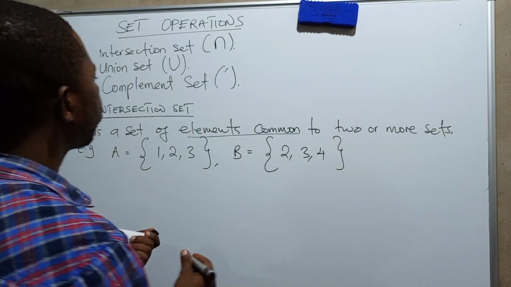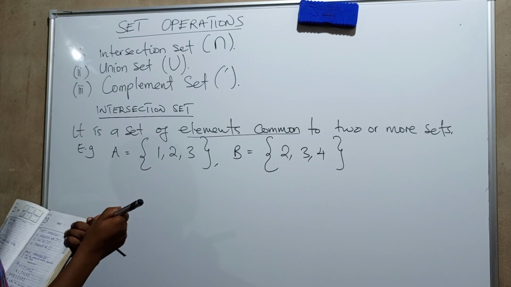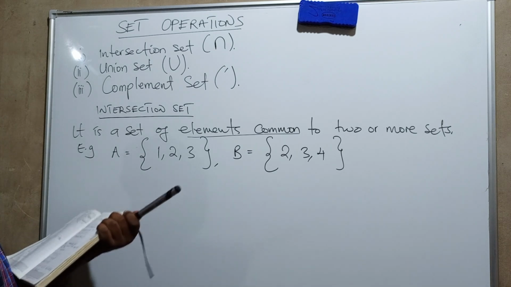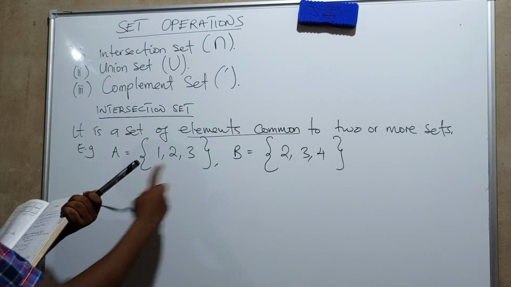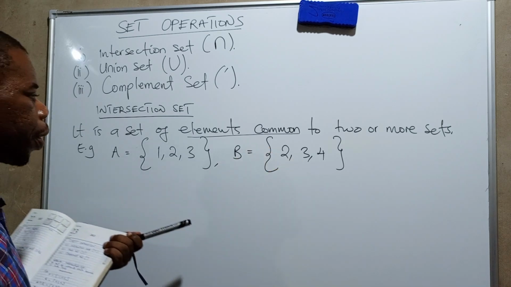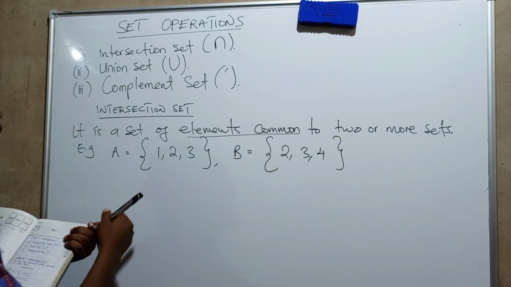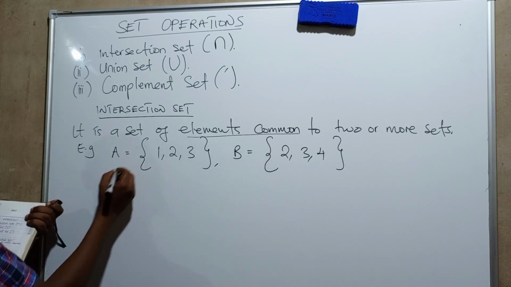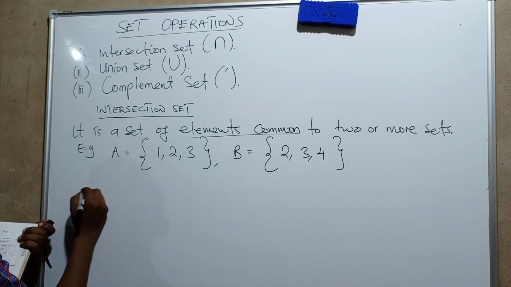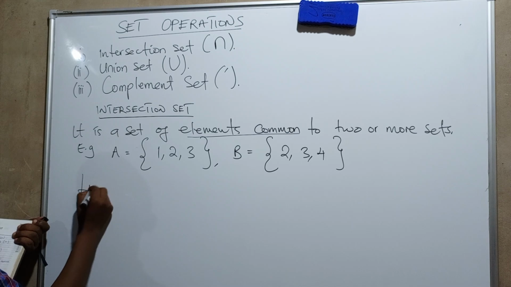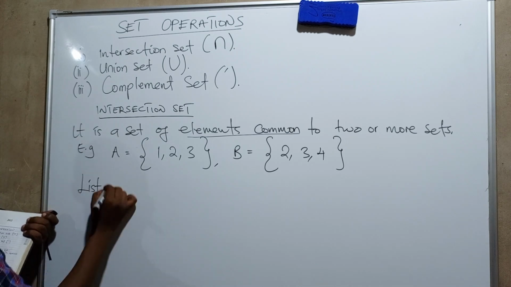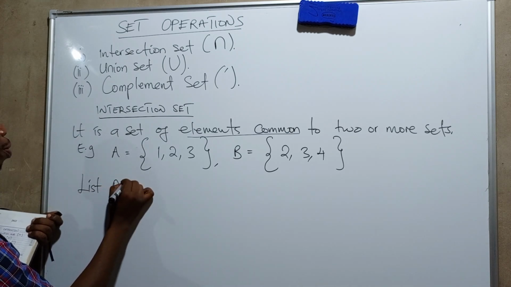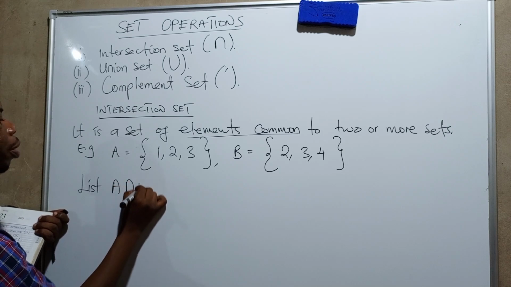Then the intersection set of A and B can be written like this, as a list.